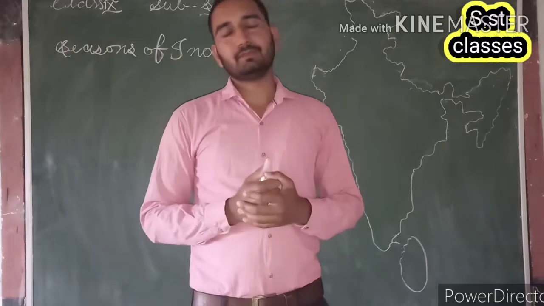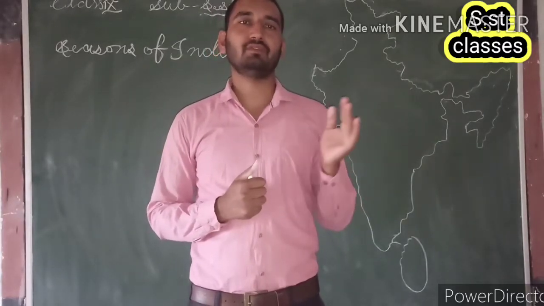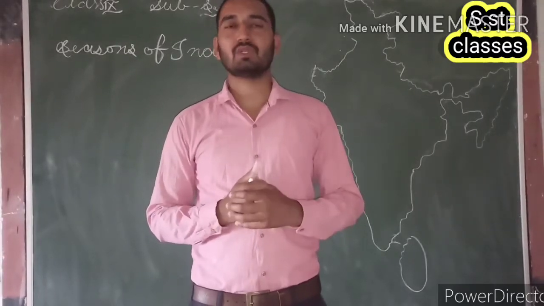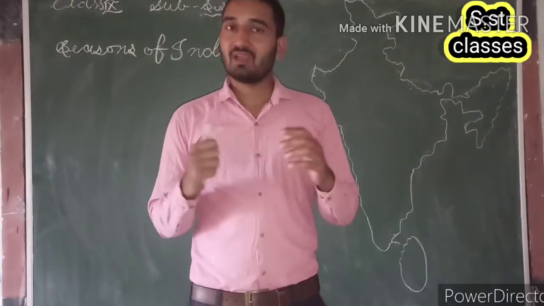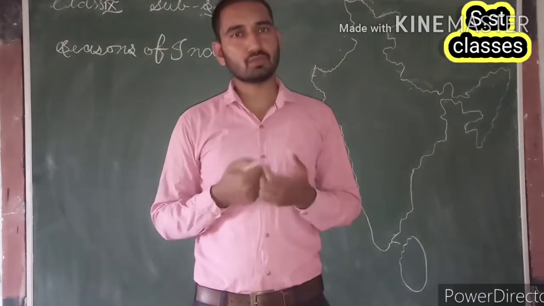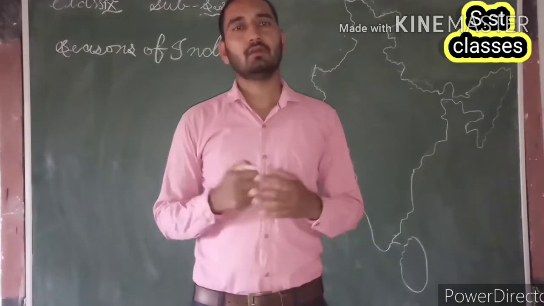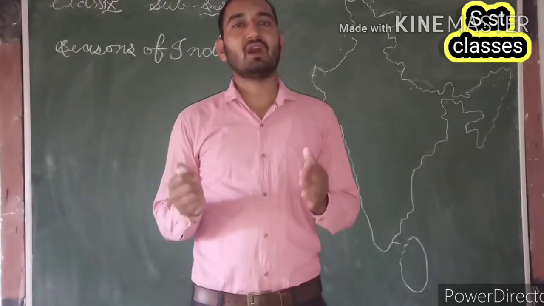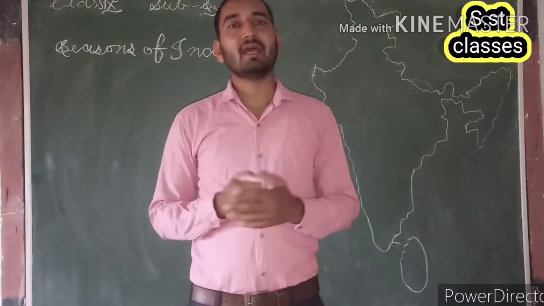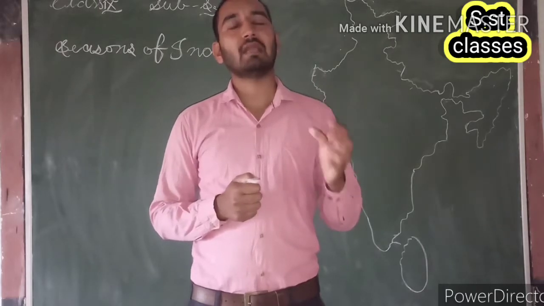In the last lesson, we were discussing the monsoon type of climate of India, which means we were discussing the Indian monsoon. In that, we discussed what we actually mean by monsoon, along with the different kinds of basic elements related with the Indian climate.